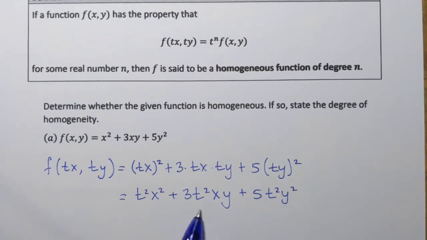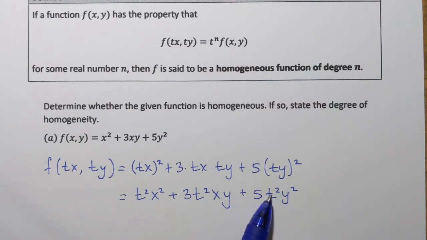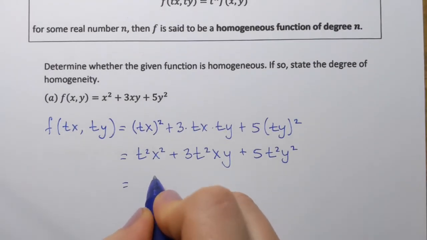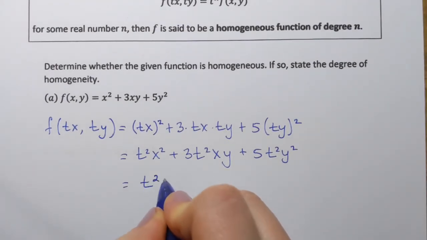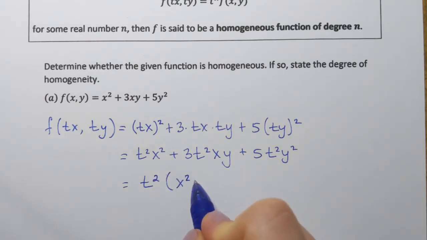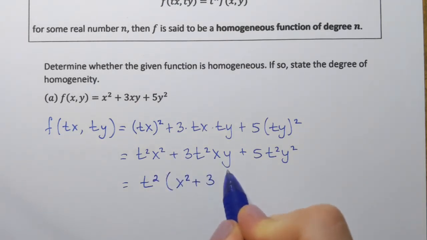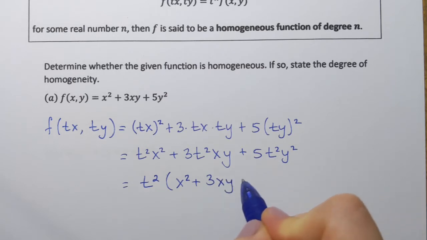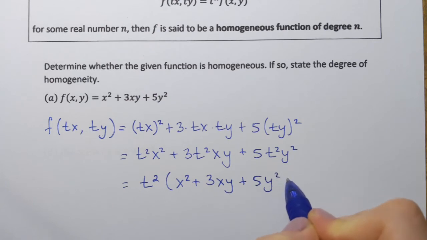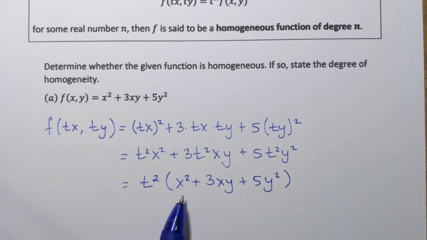And now as I look at this expression, I can notice that t squared is the common factor. So that's something that I can pull out of this expression. t squared times, okay, I have x squared from the first term plus 3xy from the second term, and then plus 5y squared, that's the third term. Okay, so once I factor out t squared, that's what I obtained.